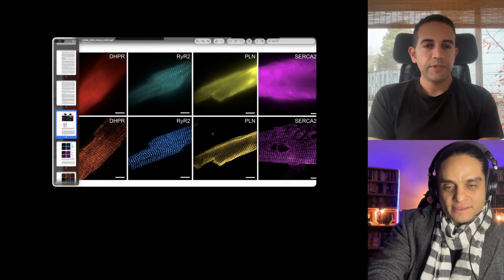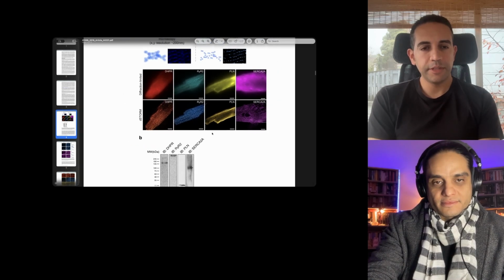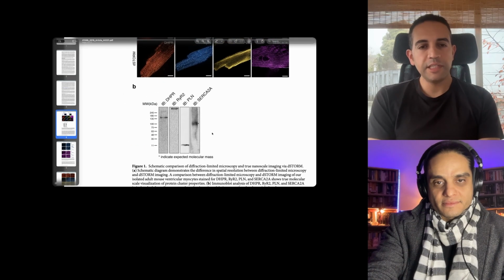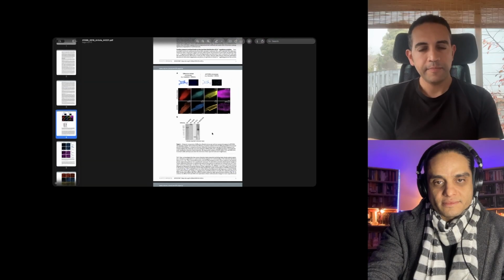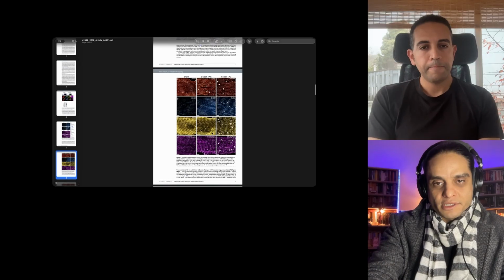So the quantification, basically, if you go to the other figure, you can even skip 2. You can probably go to 3 directly, because I think that will show everything that we need to show.